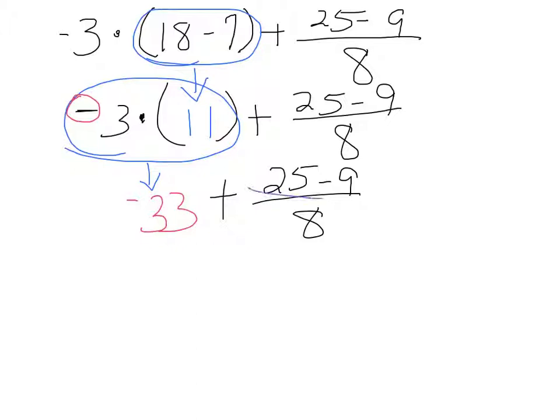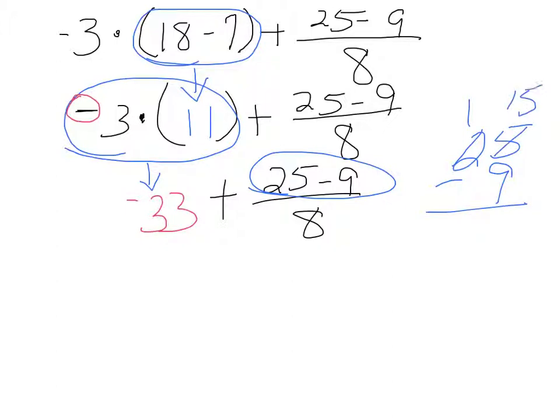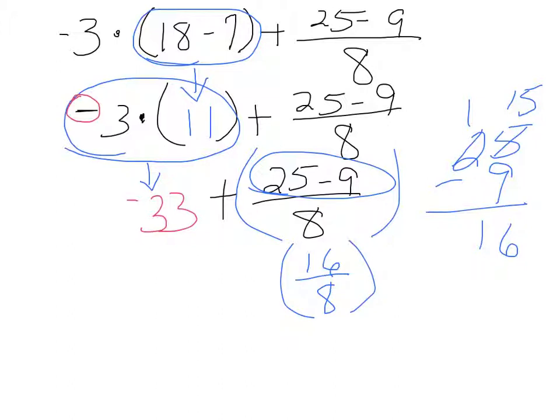So simplifying the top part first, 25 minus 9. 5 minus 9 doesn't work. You have to borrow. And we have our 15. 15 minus 9 is 6. Bring our 1 down. So now this part of the problem has given me 16 divided by 8. And 16 divided by 8 is 2. I can go ahead and bring down the rest of the problem.